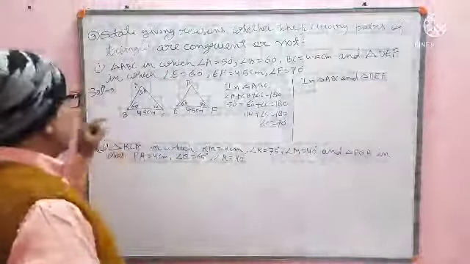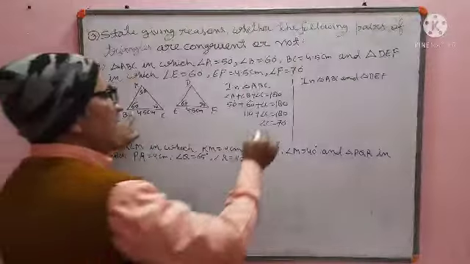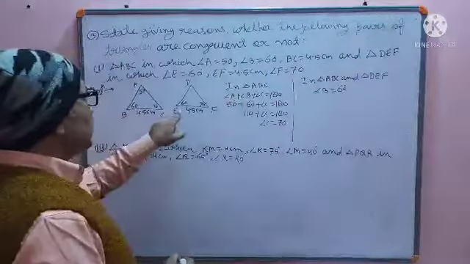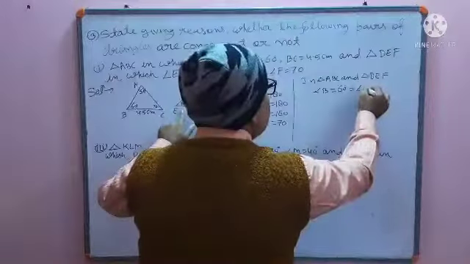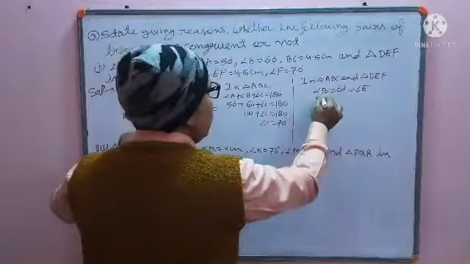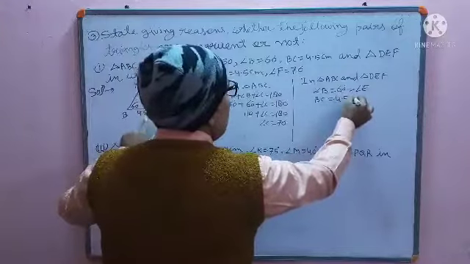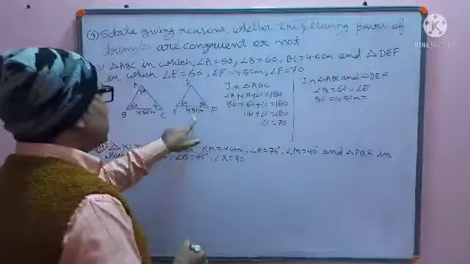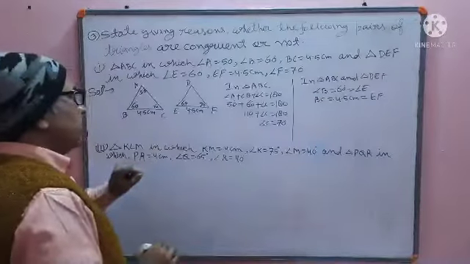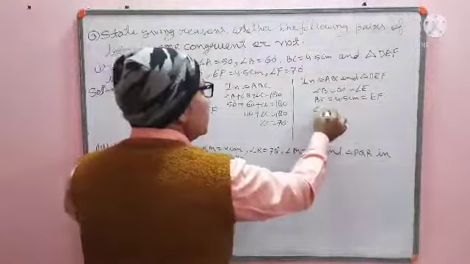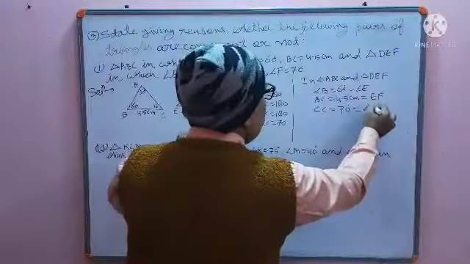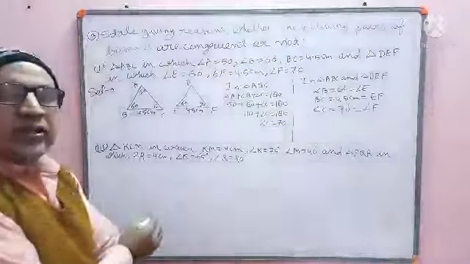In triangle ABC, angle B is 60 degrees, and in triangle DEF, angle E is also 60 degrees. In triangle ABC, BC is 4.5 centimeters, and in triangle DEF, EF is equal to 4.5 centimeters. In triangle ABC, angle C is 70 degrees, and in triangle DEF, angle F is also 70 degrees.